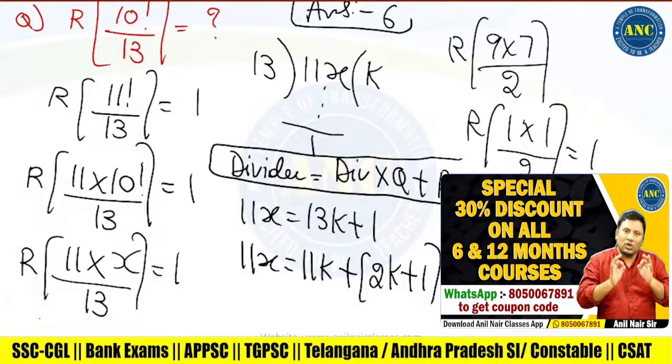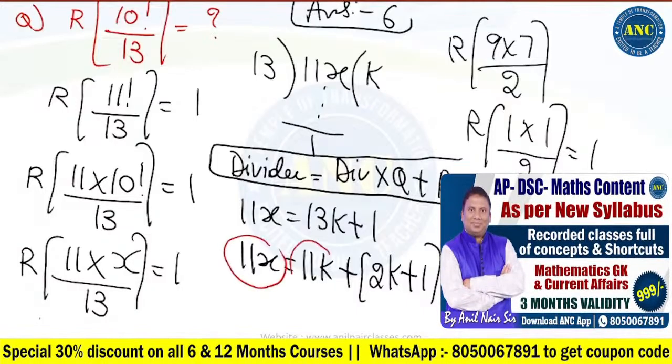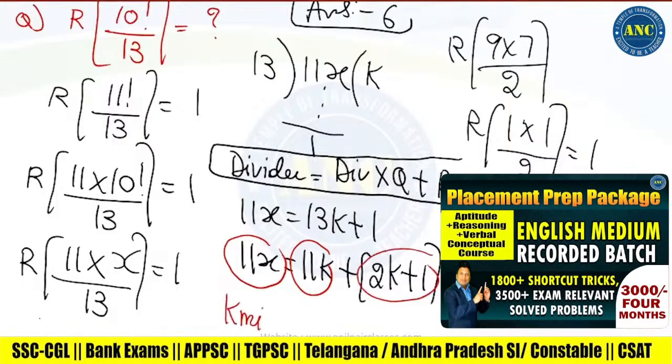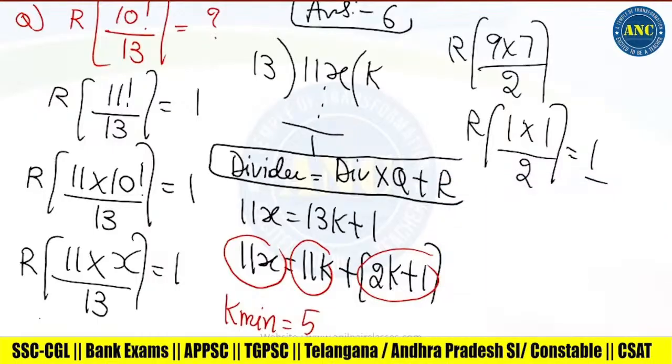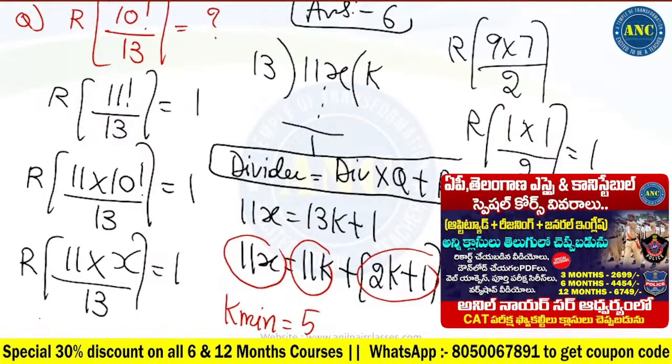Now if you see here, this should be divisible by 11, and 11k is divisible by 11. That means the minimum value of k is nothing but 5. I hope it is clear.